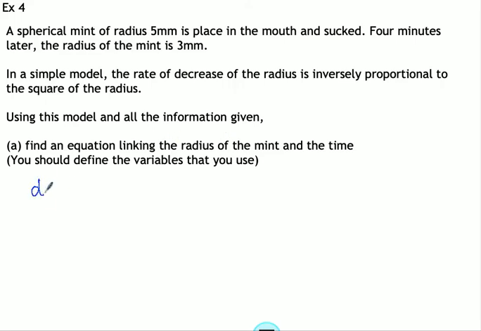So the radius is changing over time. So dr by dt is proportional to the square of the radius. Okay, it's a decrease, so it's going down. So therefore that tells us that dr by dt is equal to negative, let's call it k over r squared.